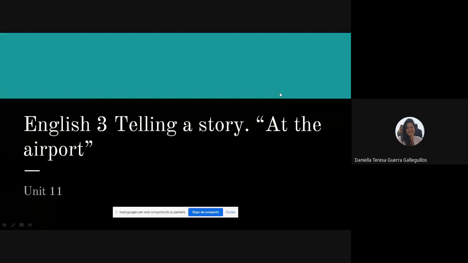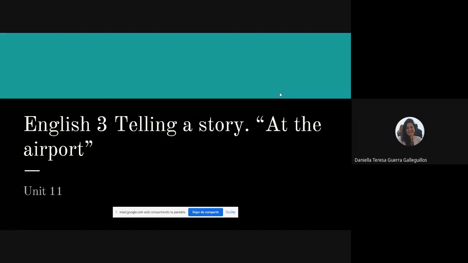As we said, in this Unit 11, what we need to pay attention to is these expressions and vocabulary to tell a story, in connection with the airport expressions and vocabulary we were seeing. They are also in the PDF document about vocabulary for departure and arrival. We will check that today as well.